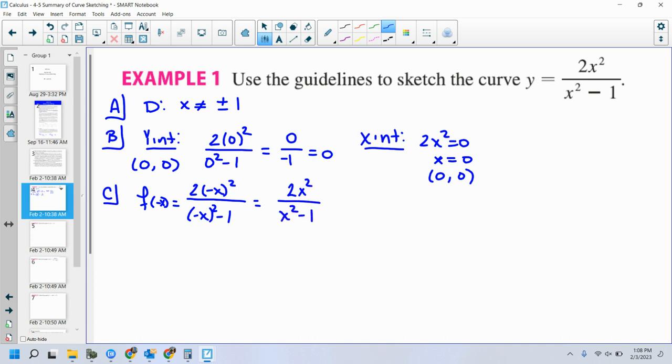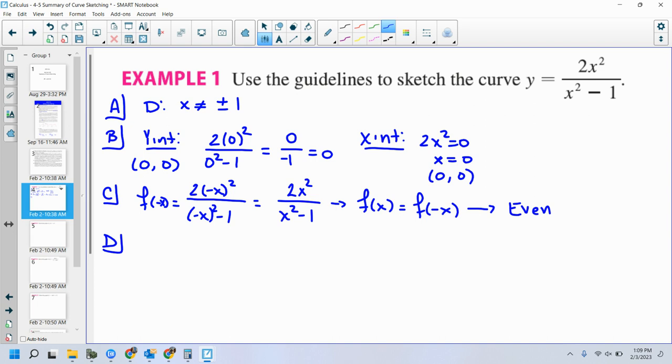So what does that tell me? It's even. This tells me that f of x is equivalent to f of -x, which means this is an even function. Now, how does that help us with the graphing portion? Well, we now know that everything on the right side has to match the left side. This should be symmetrical about the y-axis. So if we know what the right side looks like, we know what the left side looks like.